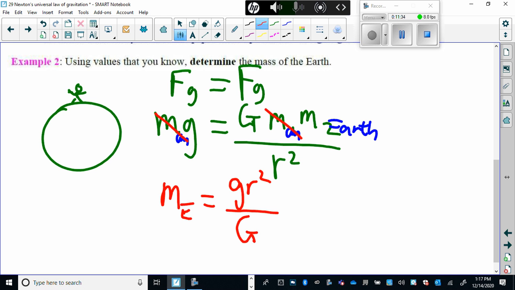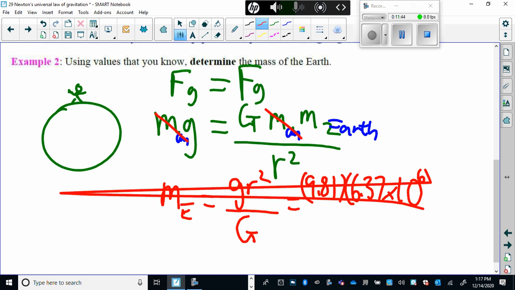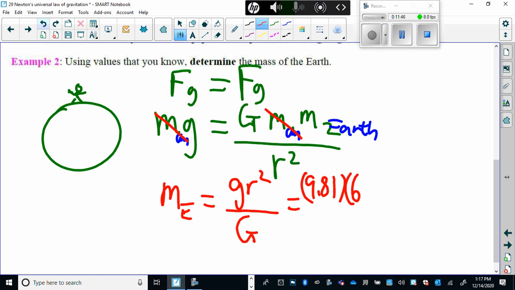And those are values that we know. We know the acceleration due to gravity. We know the radius of the Earth, because it's on your formula sheet. So just put 6.37 E6 squared divided by the gravitational constant.